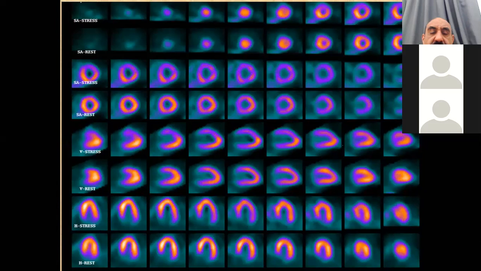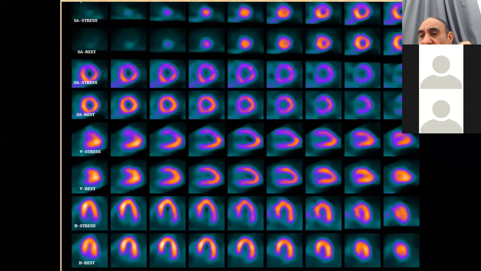So you can see the quality of images when we use technetium. Technetium is different from rubidium. It will not produce very crispy images like we see in rubidium. So the material used here was technetium.